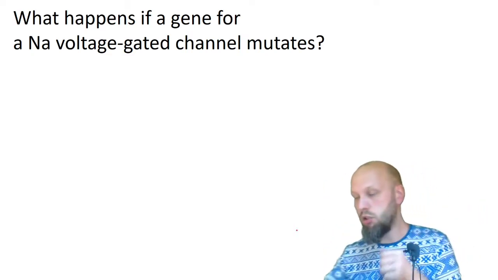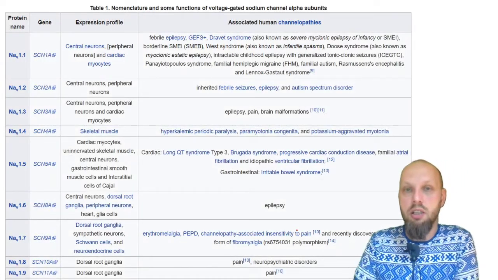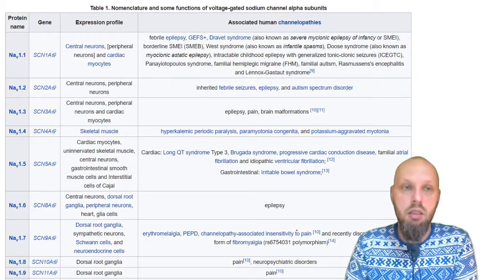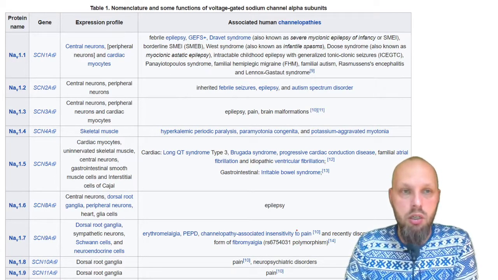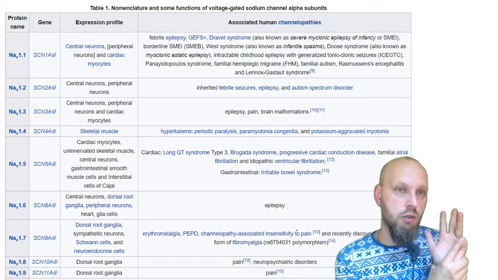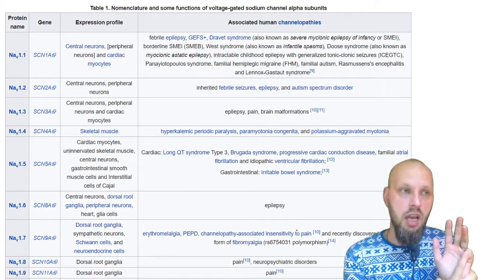Make your bets. Did you make a bet? Let's compare to the answers. And the answers, this is actually a table from Wikipedia that I really like. And from this table, we can learn like 4 things or something. So first, Wikipedia is your friend. Wikipedia for channels and for genes and for stuff like that is actually pretty well written.